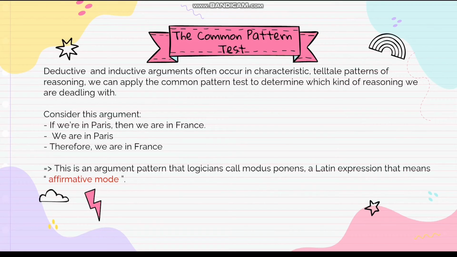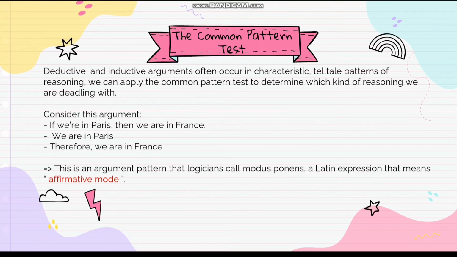Because talking about the first statement, the second statement, and so on is difficult and wordy, logicians usually employ letters to represent the various elements of an argument. Let's say the letter A represents the place "we are in Paris," and the letter B represents the place "we are in France."